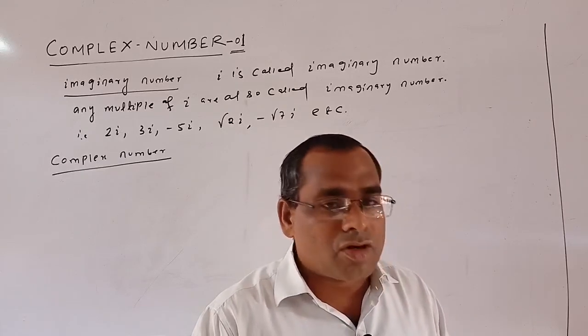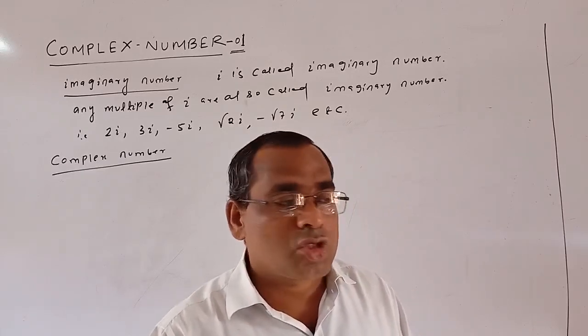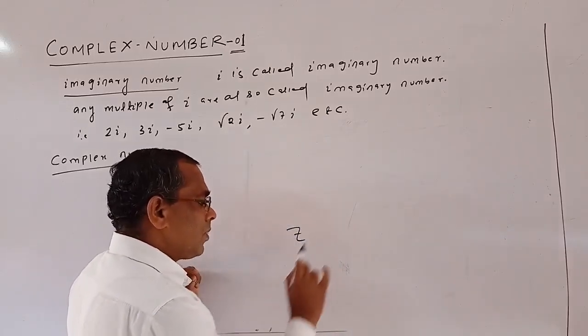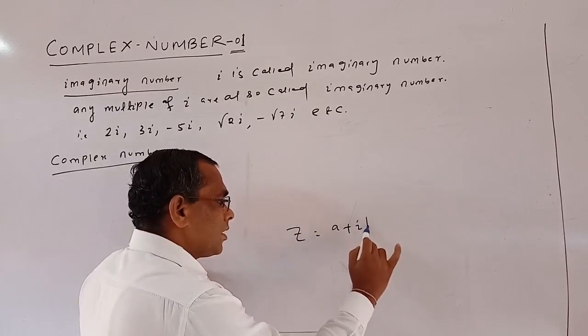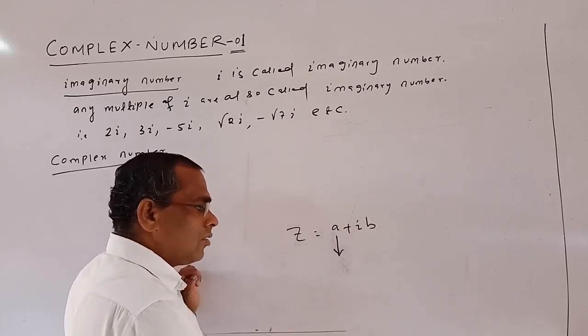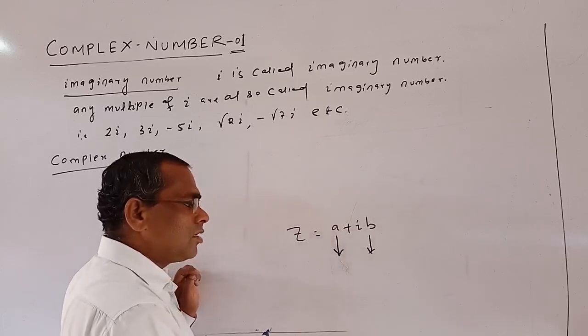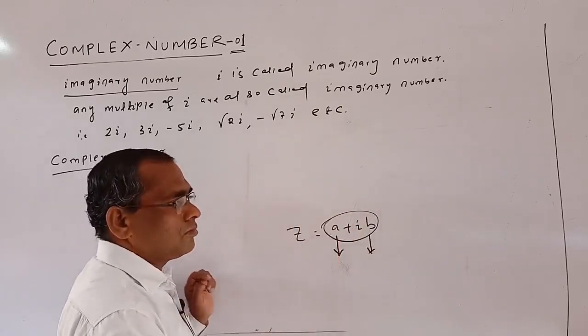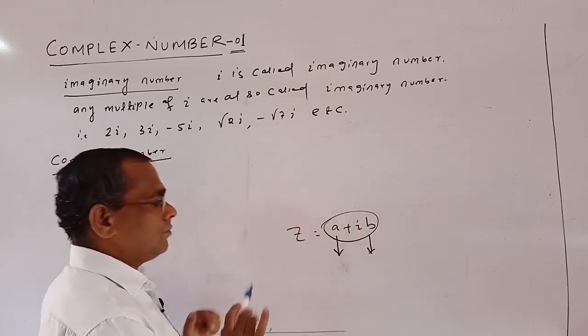This complex number is denoted by small z, so z equals a plus ib. a is called the real number, ib is called the imaginary number. The sum of a real number and an imaginary number is called a complex number. Okay.